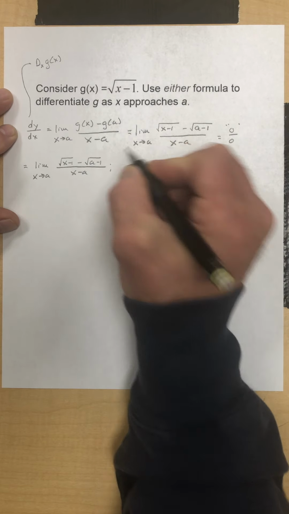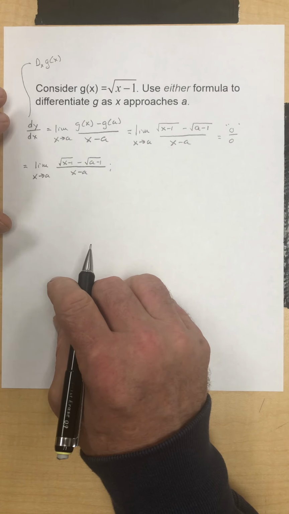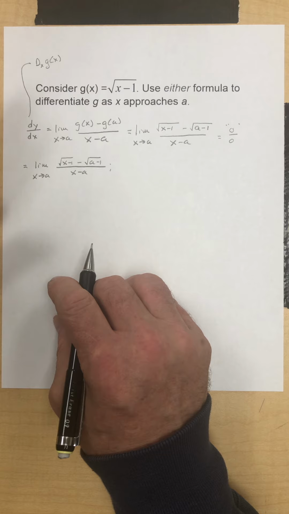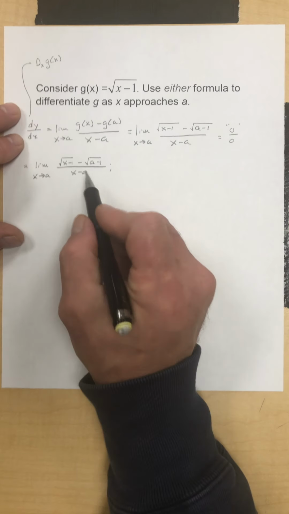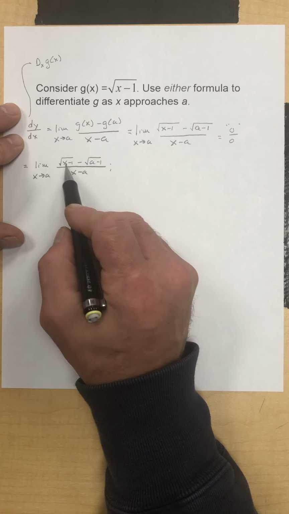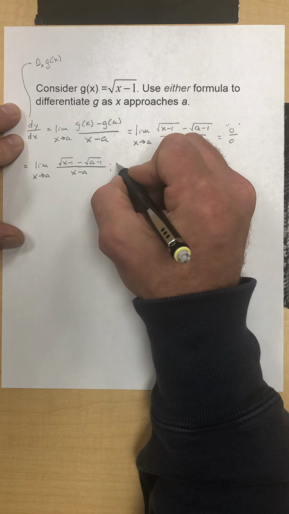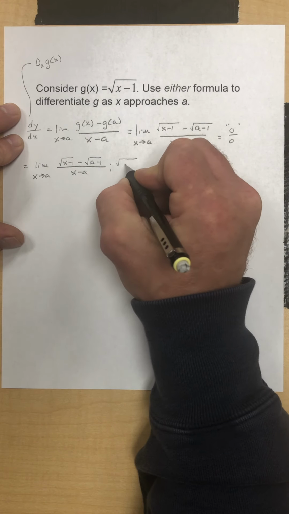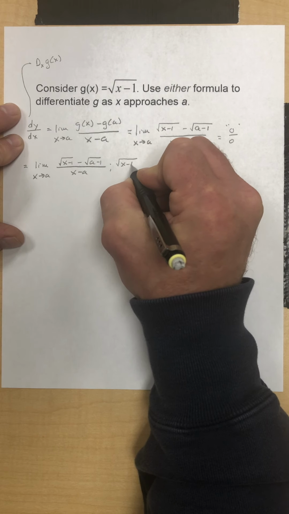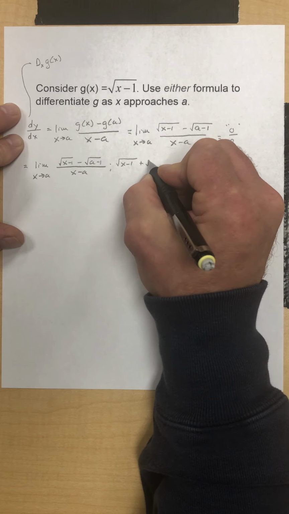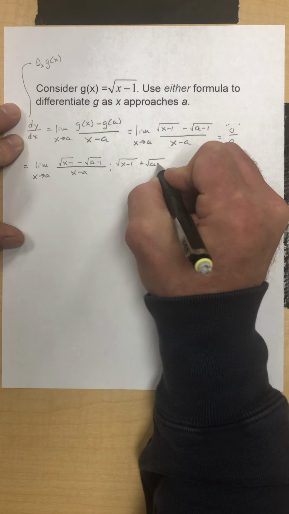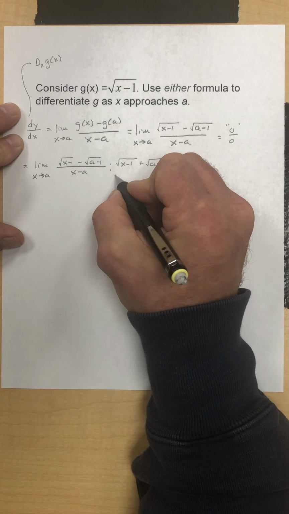Remember, conjugates are binomials that are exactly the same other than their sign. So the conjugate of this binomial up in the numerator, I just change that minus to a plus. So I multiply by the binomial radical x minus 1 plus radical a minus 1, and I do that above and below.